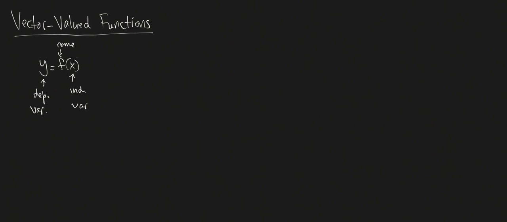If I am working, let's say, in calculus, and I am working with a function of real numbers, then what I would say is this: f is a function, and that's what this notation in this context is referring to.